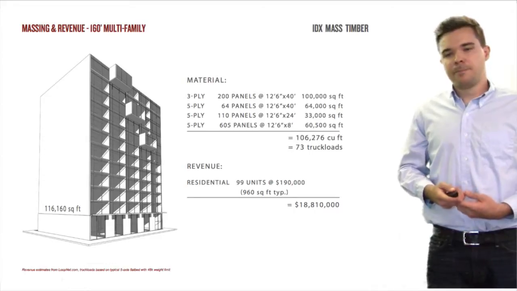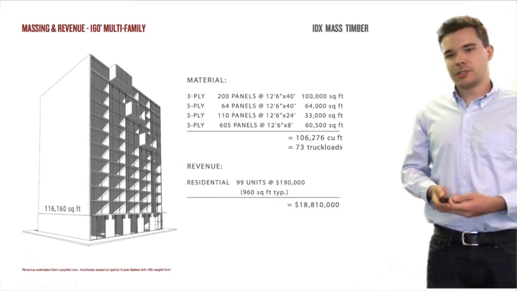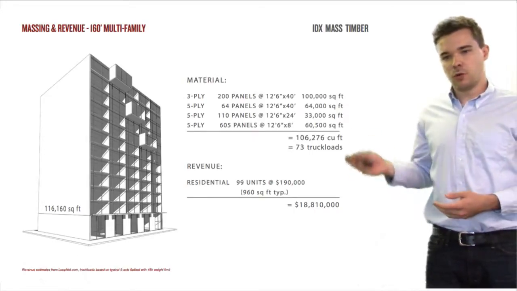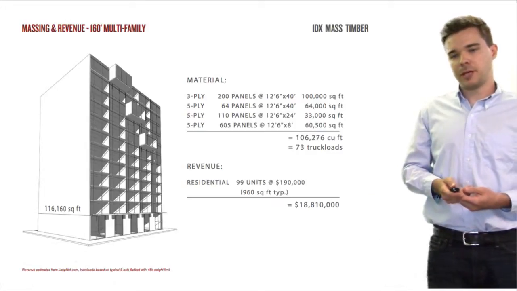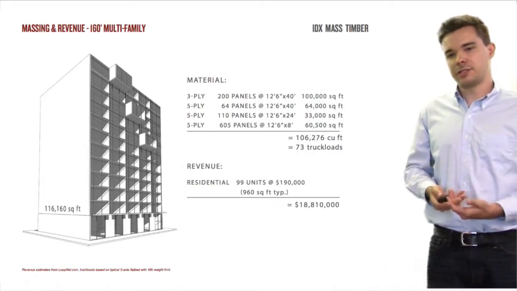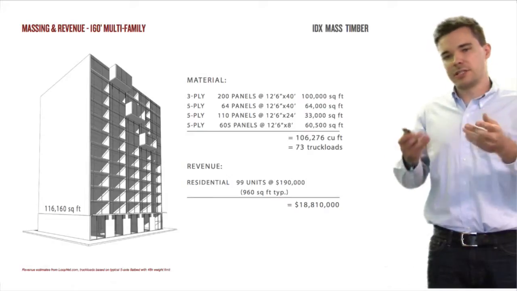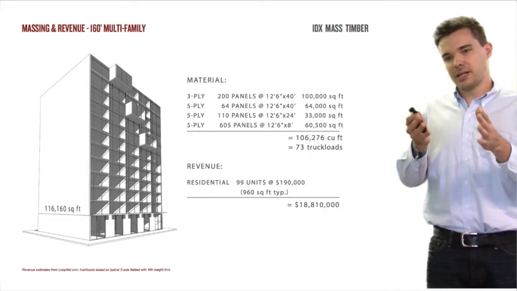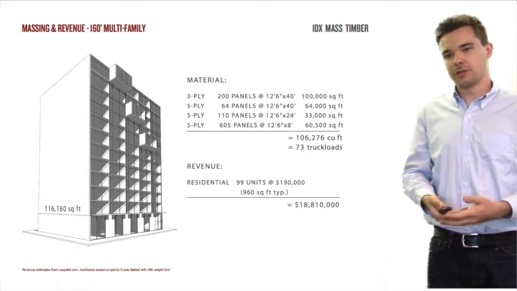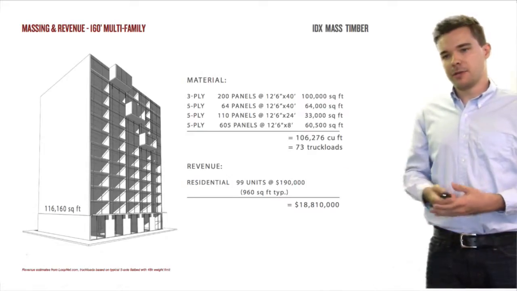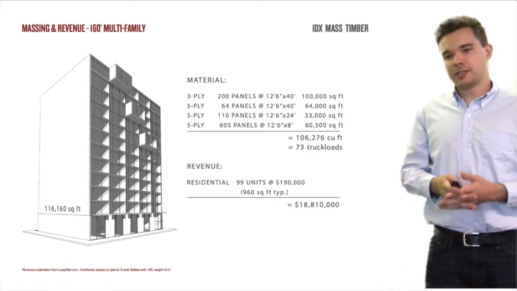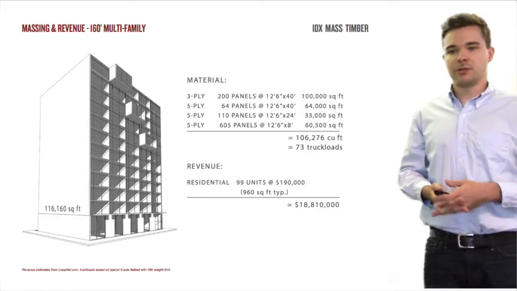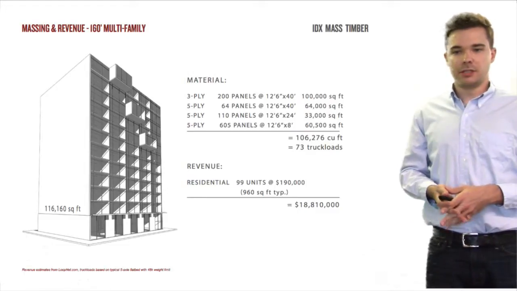For the 160-foot multifamily, we have even more types of panel plies, and the plies increase as more weight is applied to the lower parts of the building. And so that is going to be about 107,000 cubic feet, 73 truckloads, and it's going to produce about $19 million in revenue.